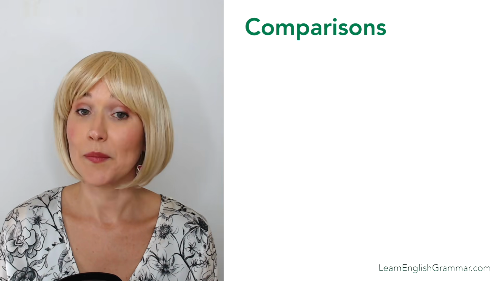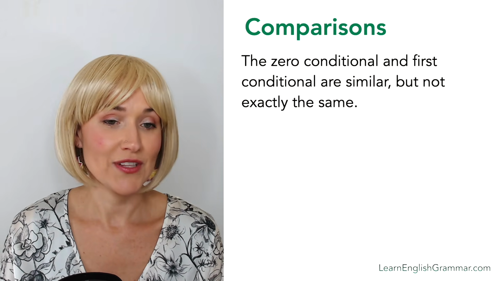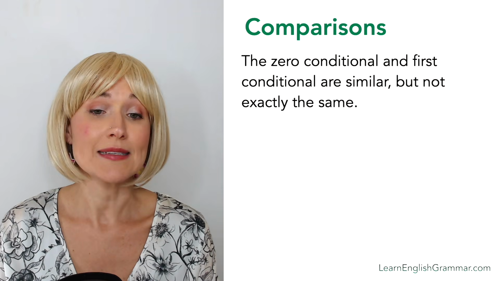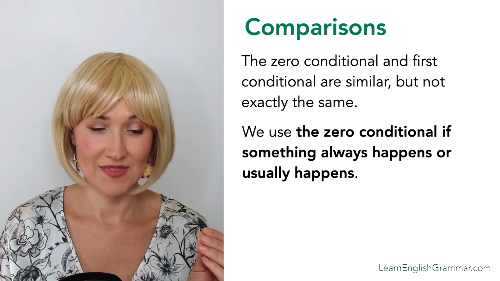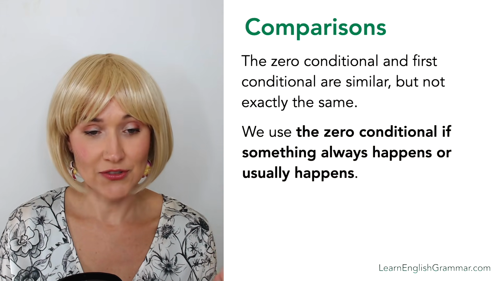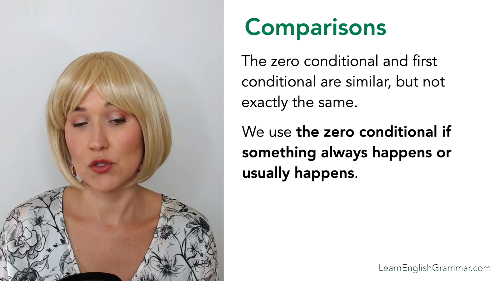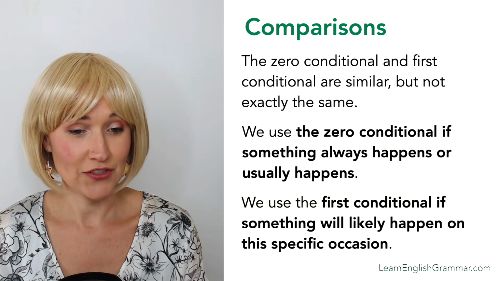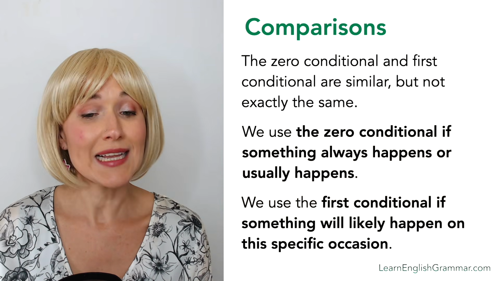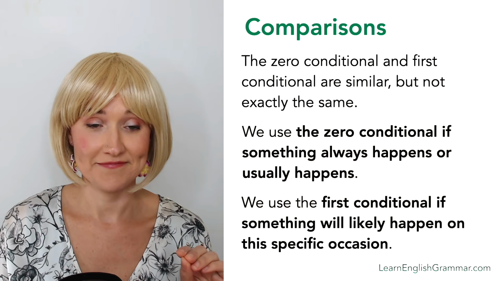Let's see some comparisons now. Now, the zero conditional and first conditional are similar, but not exactly the same. We use the zero conditional if something always happens or usually happens. We use the first conditional if something will likely happen on this specific occasion.